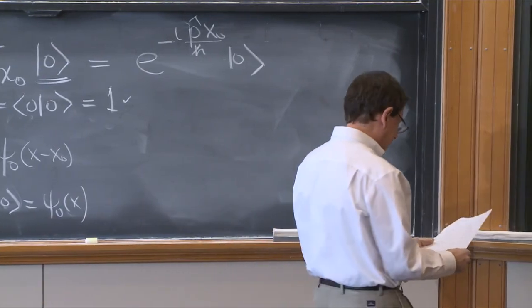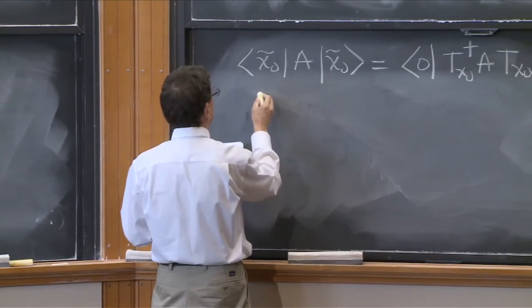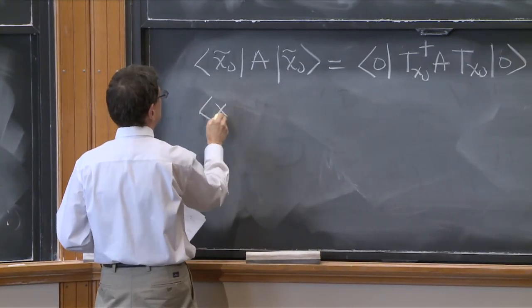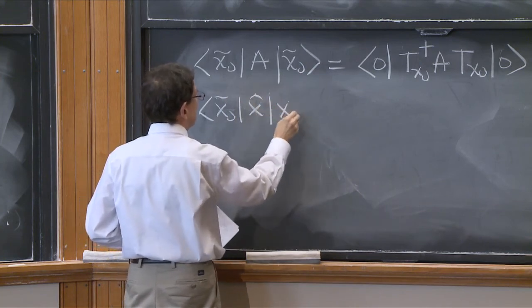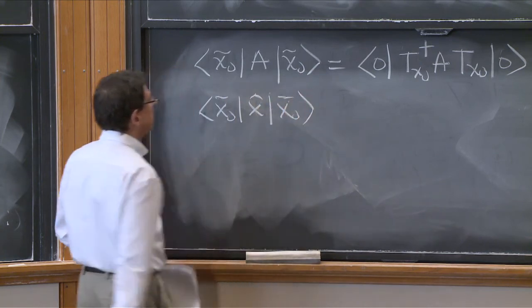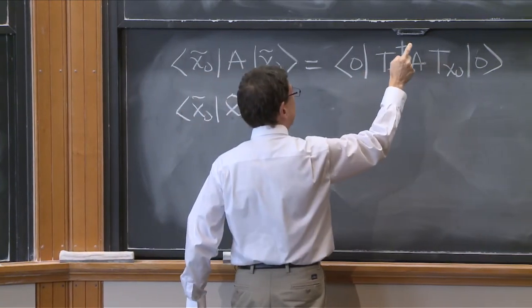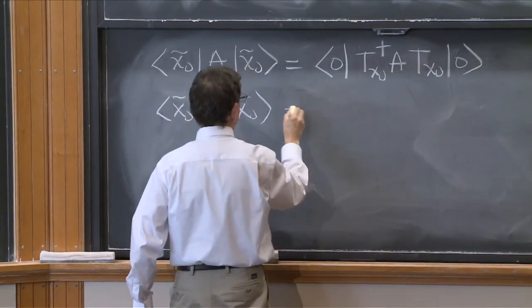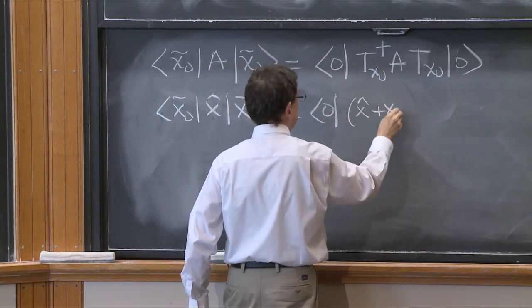So for example, we have here x, you would replace it by Tx0 dagger x Tx0, which you know is x hat plus x naught.